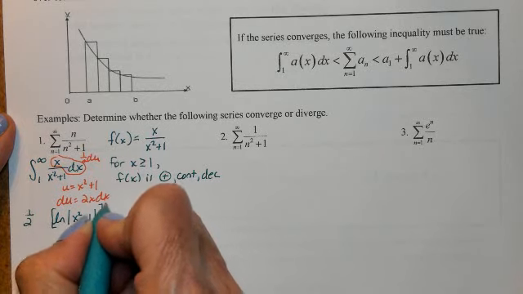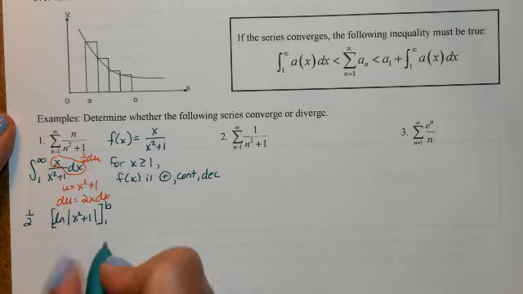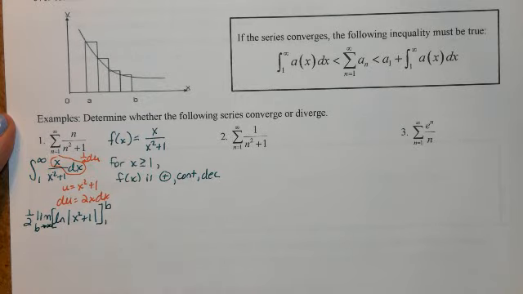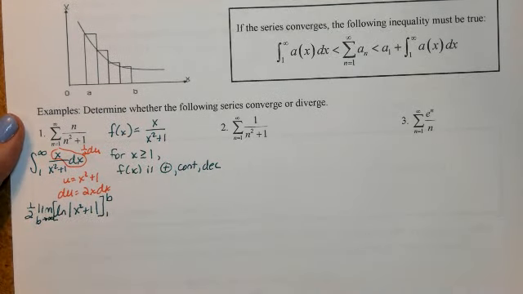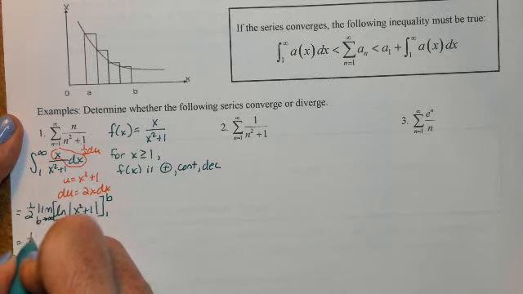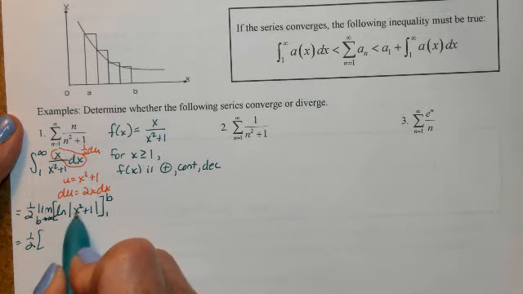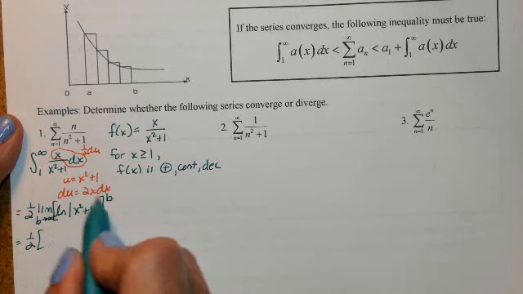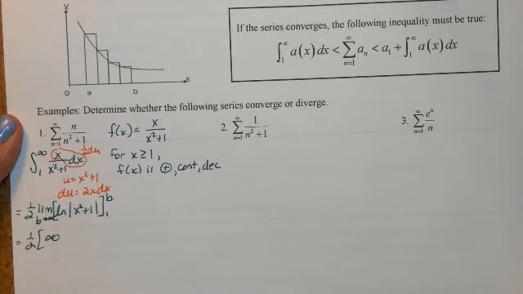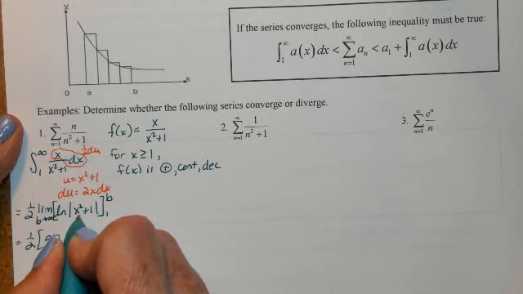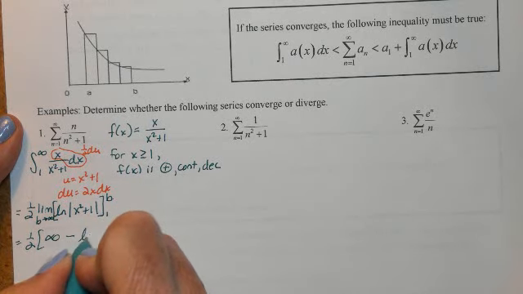from 1 to infinity, but I can't put infinity on my boundary, so we leave a little space and do that. Put b in for x and let b go to infinity. Natural log of something going to infinity is infinite. Put 1 in for x, natural log of 2 is natural log of 2.